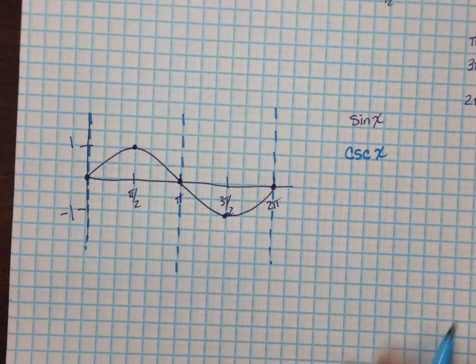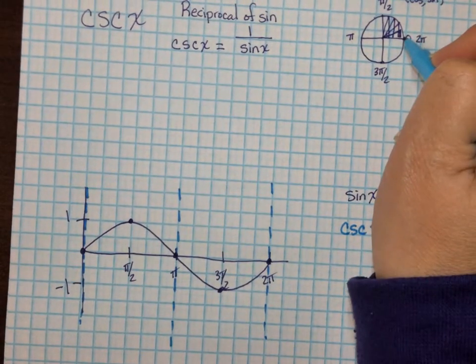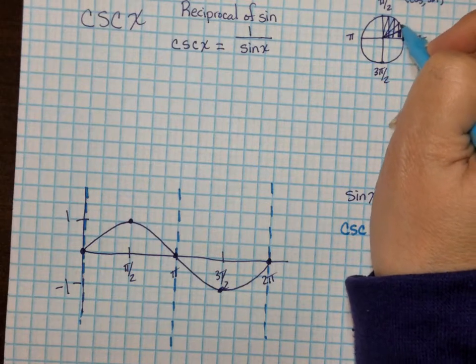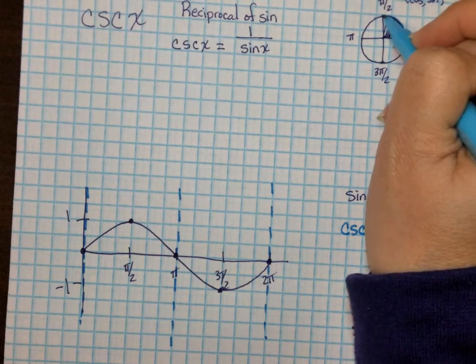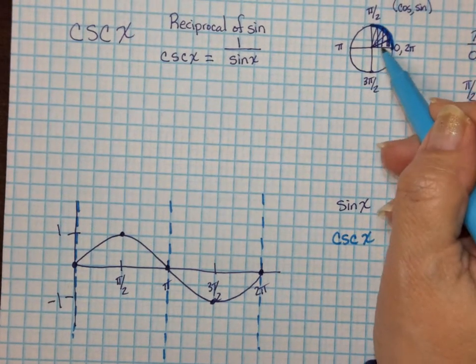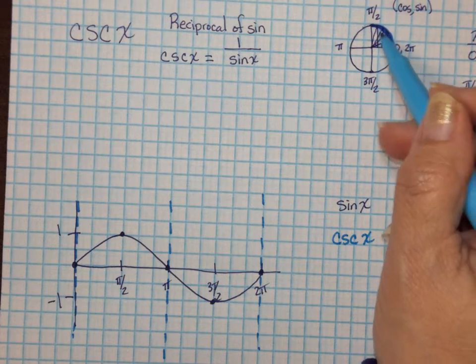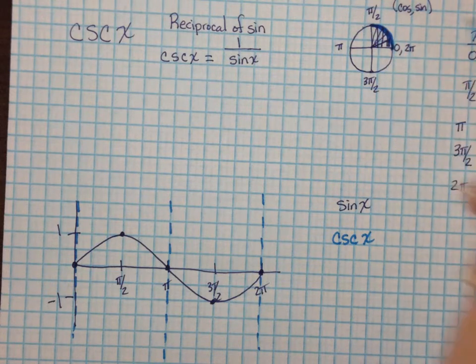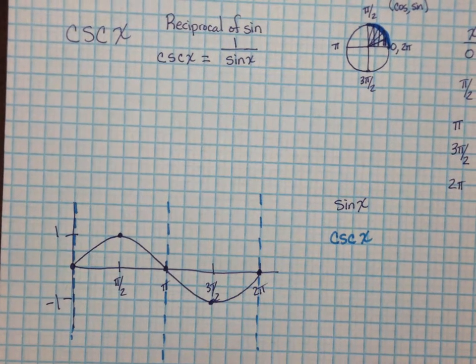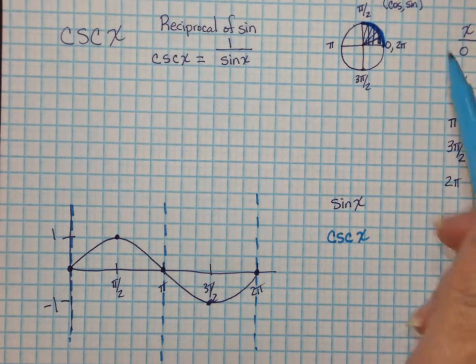Alright, so keep in mind here, as we look at our first quadrant of the unit circle and think about our sine values, our sine values are always less than 1. So our cosecant, if you take 1 and divide it by a fraction, is going to come out bigger.